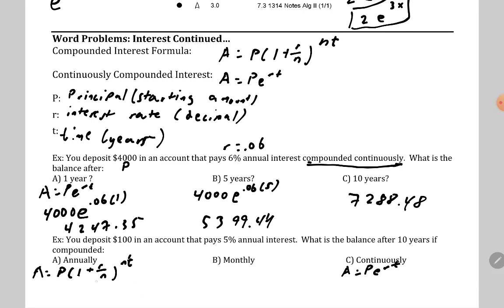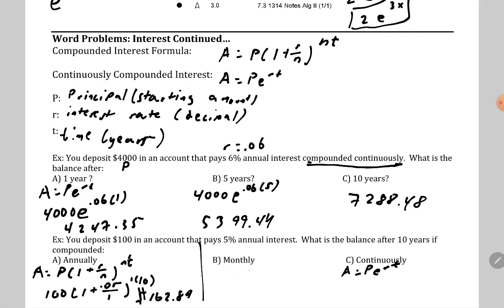A and B use the left formula, and C uses PERT. We're depositing $100, that's our P value, with 0.05 for our interest rate. It's compounded once a year, so n is 1, and 1 times 10 years. This gives me 162.89.